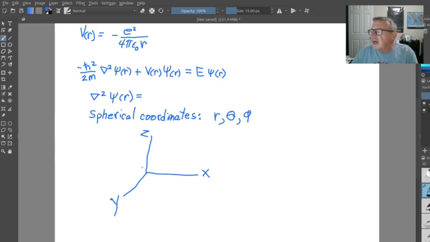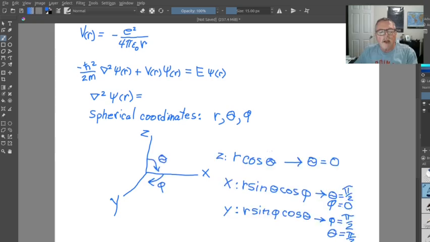Along the z-axis is going to be r, and if it's all on the z-axis, then that's going to be at a theta angle of, let's see, what would the theta angle be? The theta angle would be coming from the z-axis down here. So theta at 0 would be up in this direction.